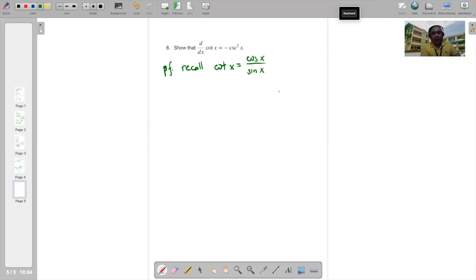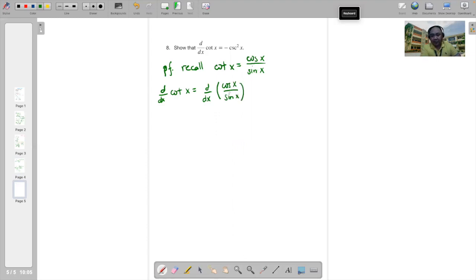So now that you have a quotient, you can then use the quotient rule. Therefore, the derivative of cotangent x is just the derivative of this quotient of functions, cosine x over sine x.